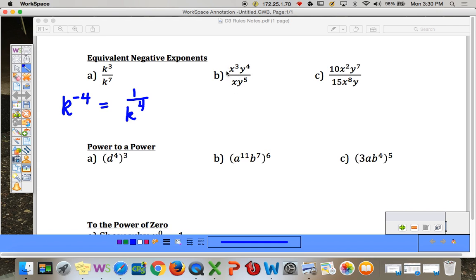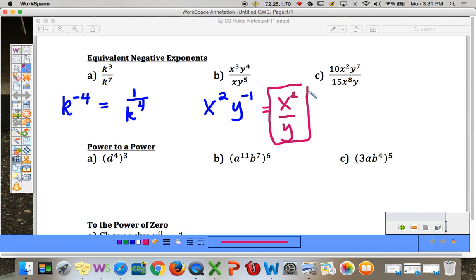So let's take a look at this one right here. This would be x to the 3 minus 1, which is x squared. And this would be y to the 4 minus 5, which is negative 1. But we know that when we cancel, this is the same as x squared over, and there'd be 1 y left on the bottom. So here's how we're going to write it. The next one, again, we have 10 over 15, and that is the same.